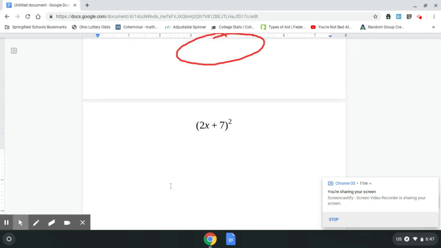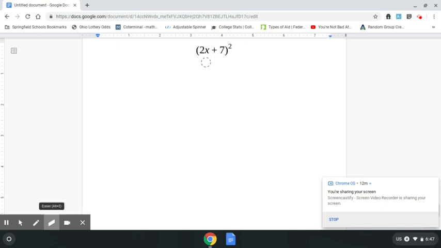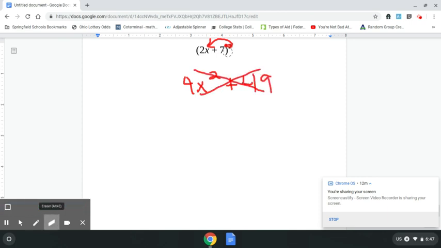Last example I want to show you is where you take a binomial and you square it. So if we take a look at 2x plus 7 squared, a lot of students will just try to take that exponent 2 and distribute it through. So 2x squared is 4x squared plus 49. I'm done. No, no, no, no, no. You cannot do that.